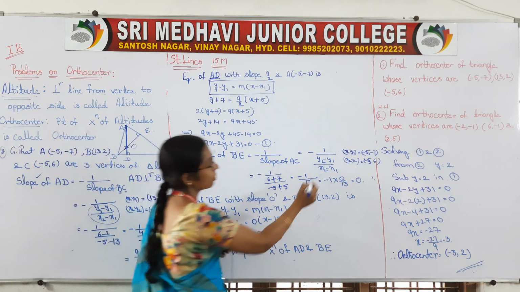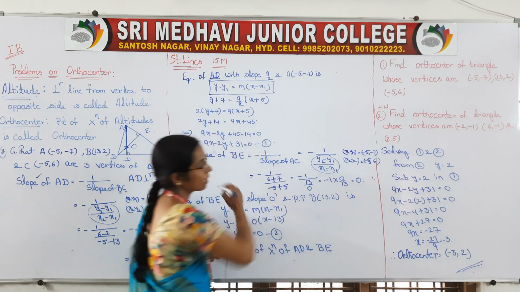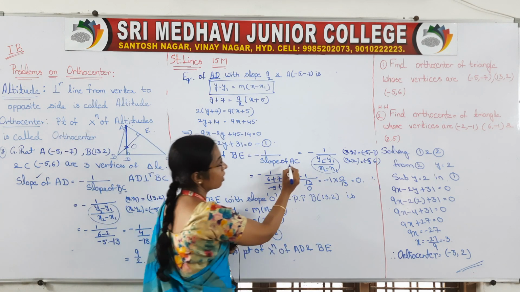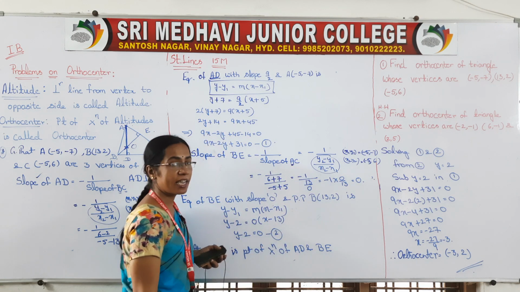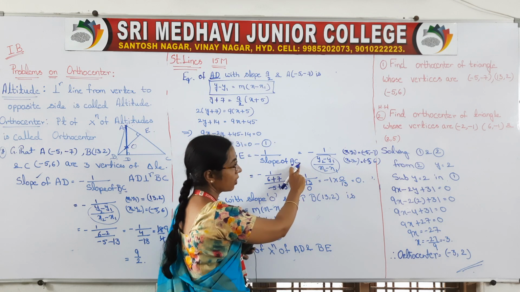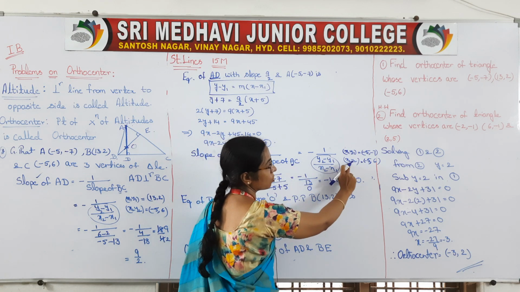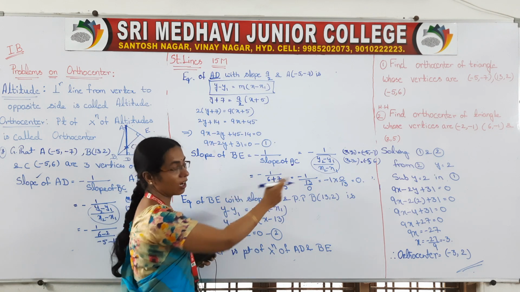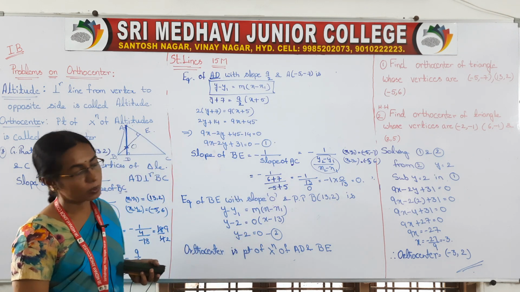So again the slope formula, what is that? y2 minus y1 by x2 minus x1. Now your first point, A, should be taken as x1, y1, and the second point, C, should be taken as x2, y2. So substitute, and we got that value as the slope.